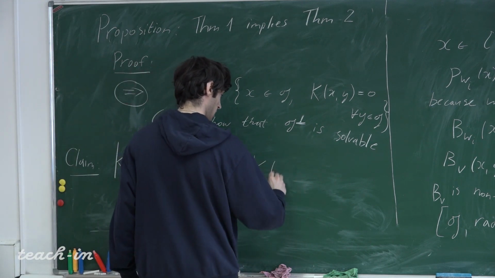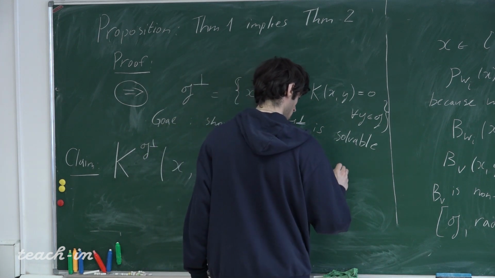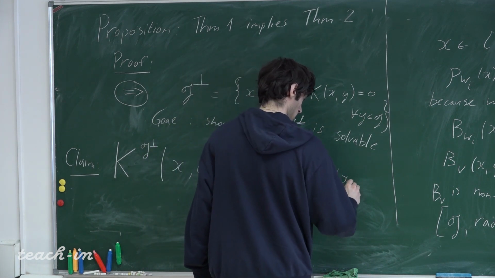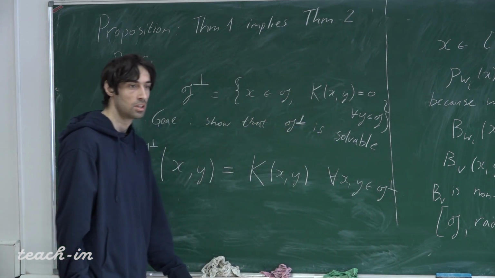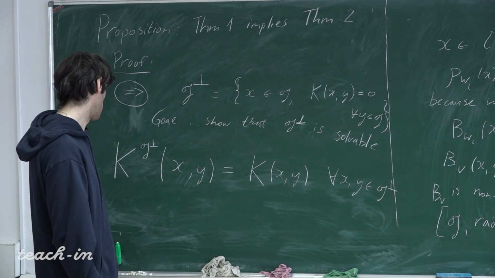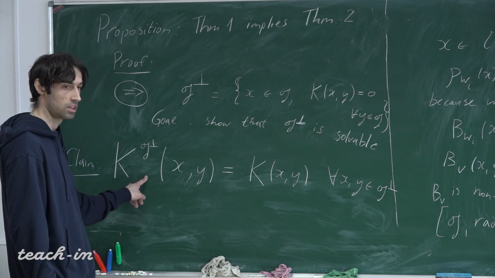So the claim is K of x, y for every x and y in G orthogonal. Here, this is a claim that is true for every ideal.